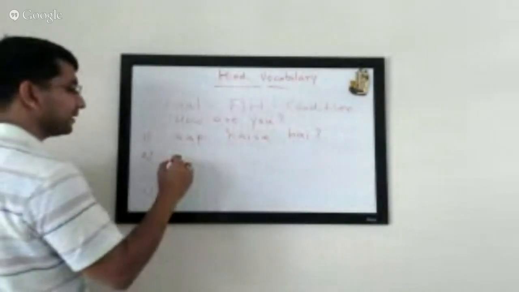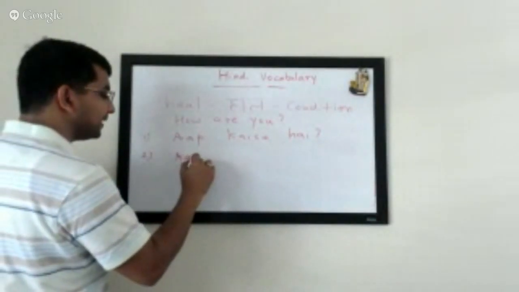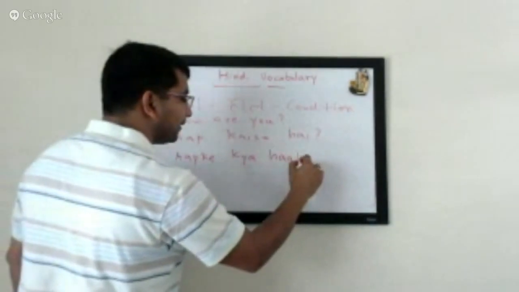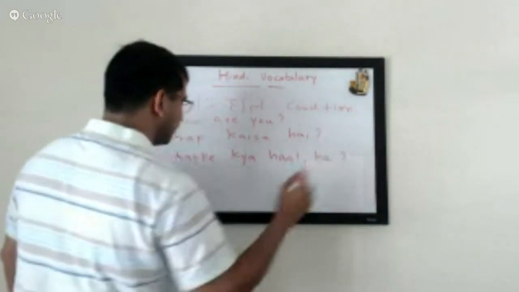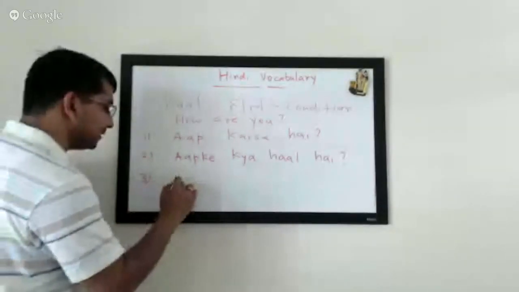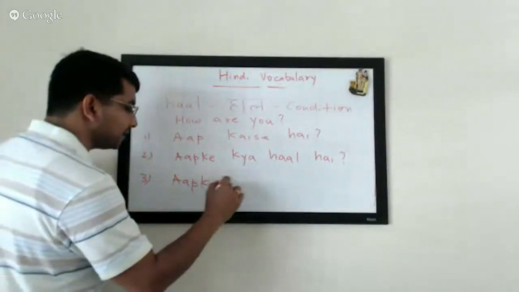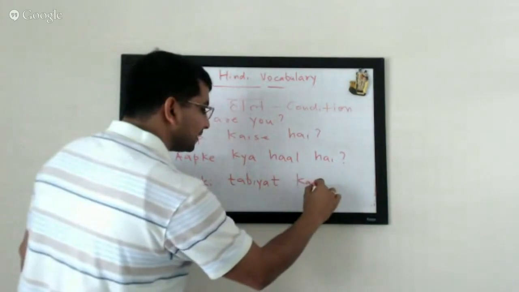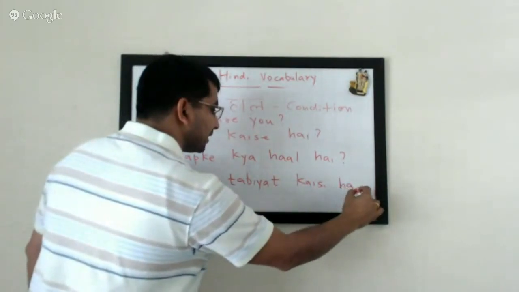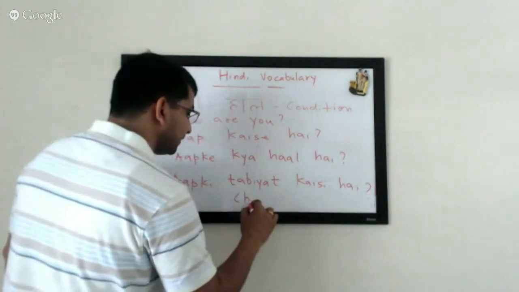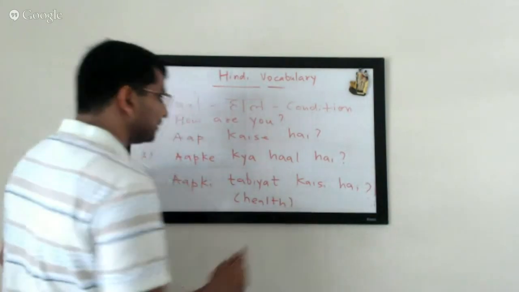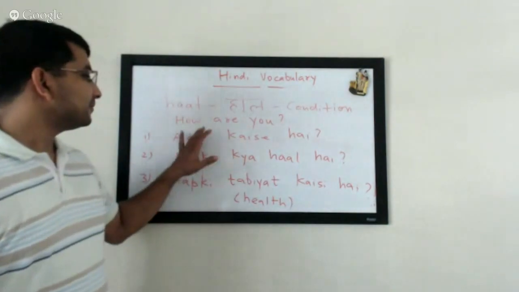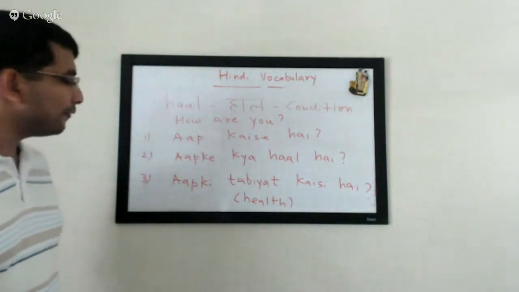Second one is आपके क्या हाल है. What's your condition? And the third one is आपकी तबीयत कैसी है. तबीयत is nothing but health. How's your health? So these are three ways of asking someone how they are, or how are you basically, right? I hope this is helpful.